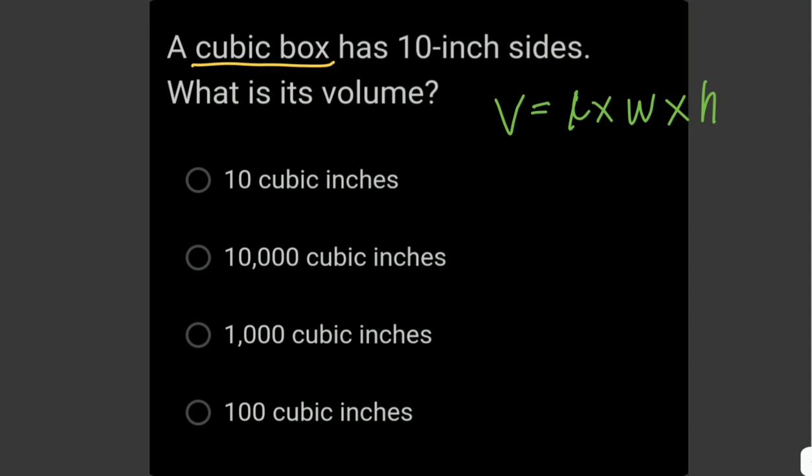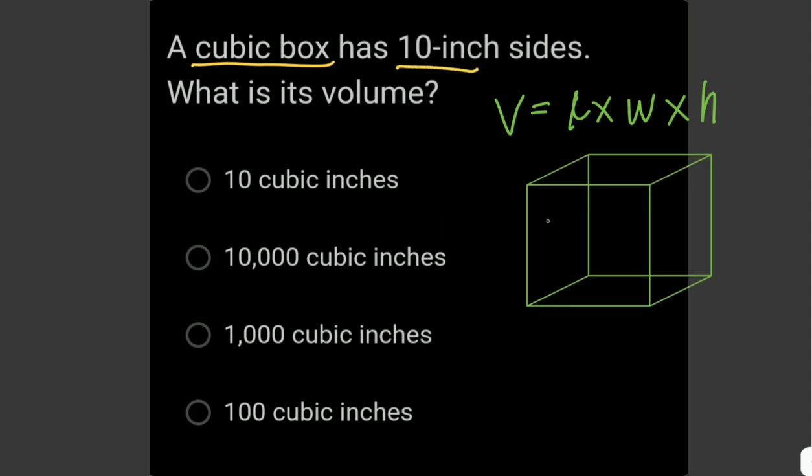So that means all of the sides are equal, therefore equivalent to 10 inches. Alright, so the length, the width, and the height are just equivalent. We can plug in the values to the formula.